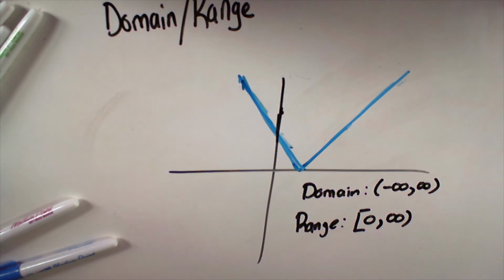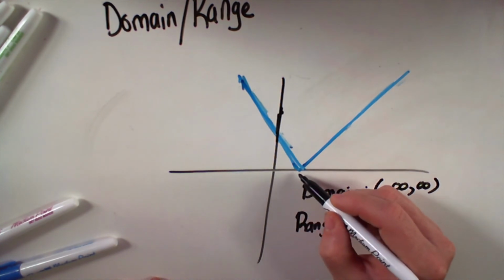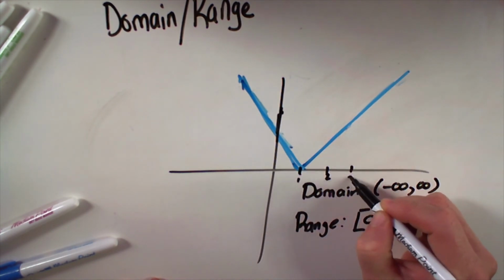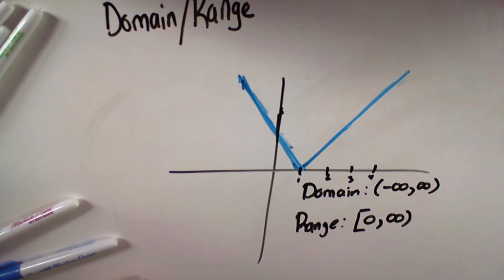That tells me that my range starts at 0 and then goes on forever in the positive direction. Another thing that we are always looking for in these graphs is the zeros of the graph. And this is where the graph intersects the x-axis. So in this case, if we are looking at this, and we'll have to put a little 1, 2, 3, 4, just like it has in the worksheet, right?